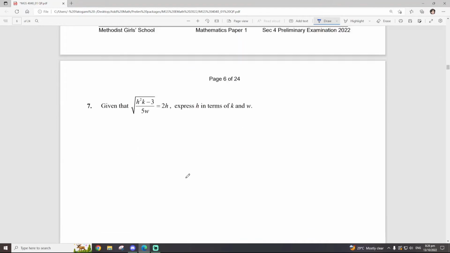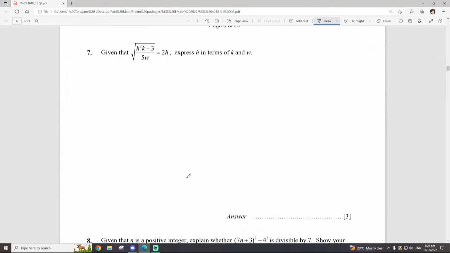Given the following, express h in terms of k and w. So when we see a square root, we always square both sides first. So h squared times (k minus 3) divided by 5w equals 4h squared. So let's bring the h squared terms together. So I'll get kh squared minus 3.